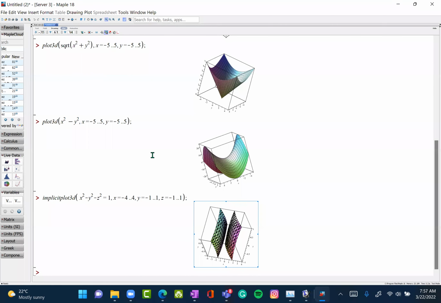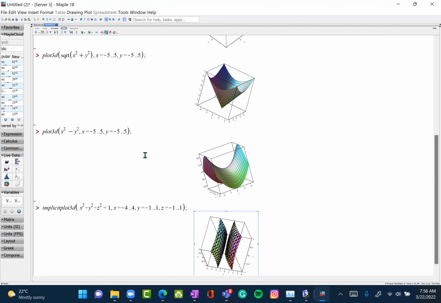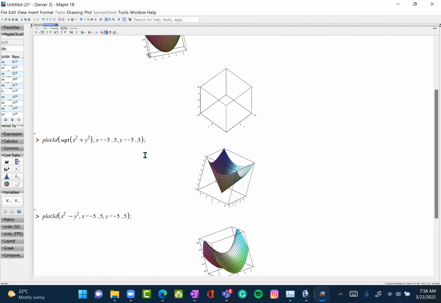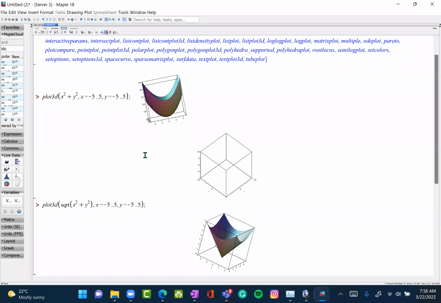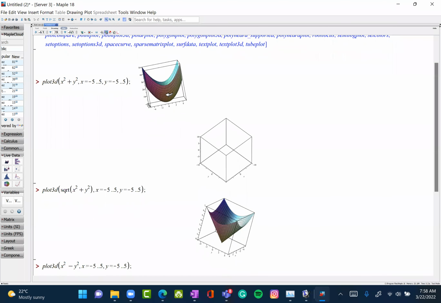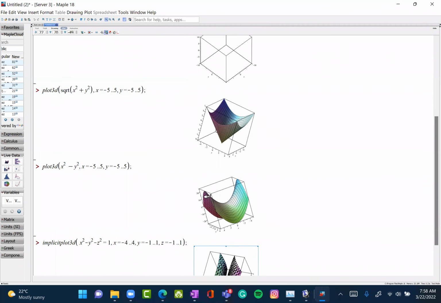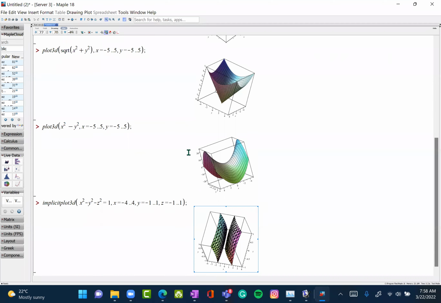There are, let's say, 4 generic things you should be able to recognize: ellipsoid, paraboloids, cones. This is hyperboloids, and this is also hyperboloids. But you have separate things here.